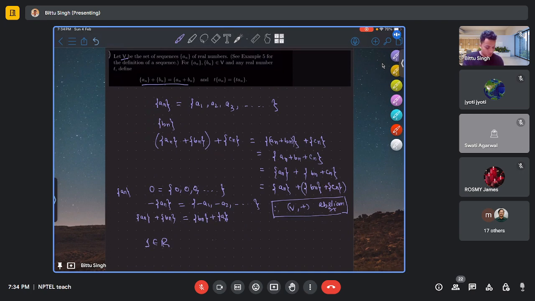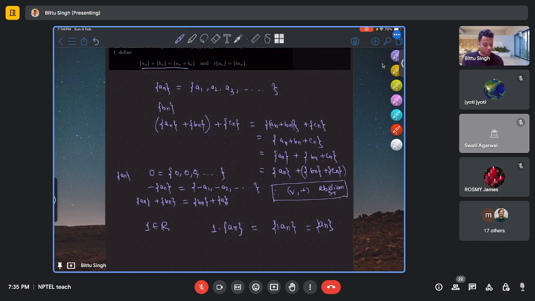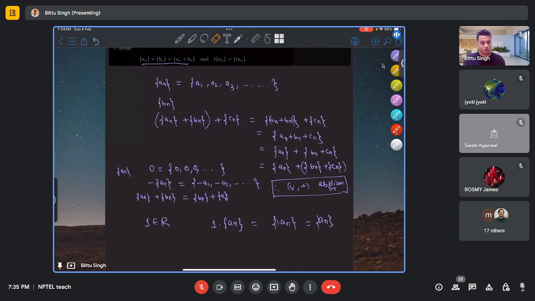Then you can see that 1 times an, again pointwise multiplication, is the same as an. So multiplying with 1 will give the same thing, but what about the distributive property?